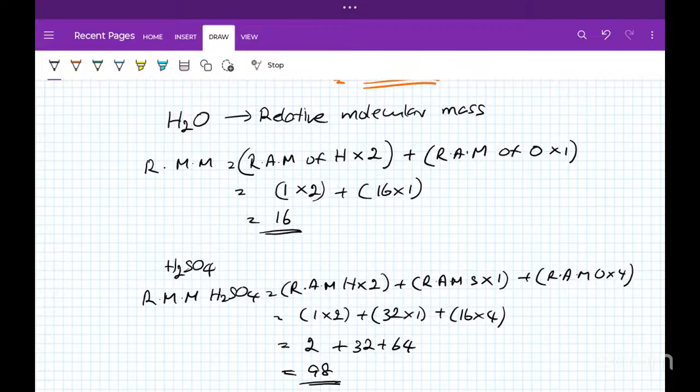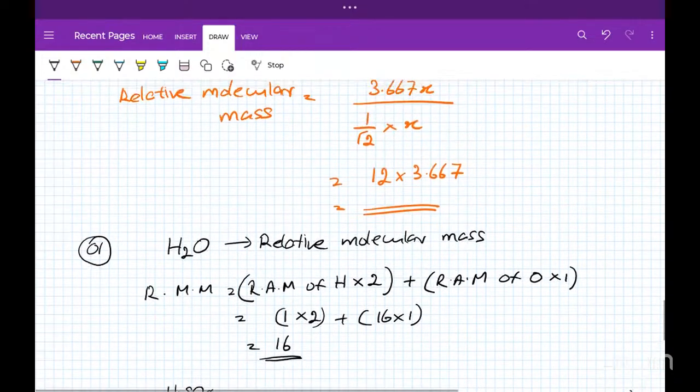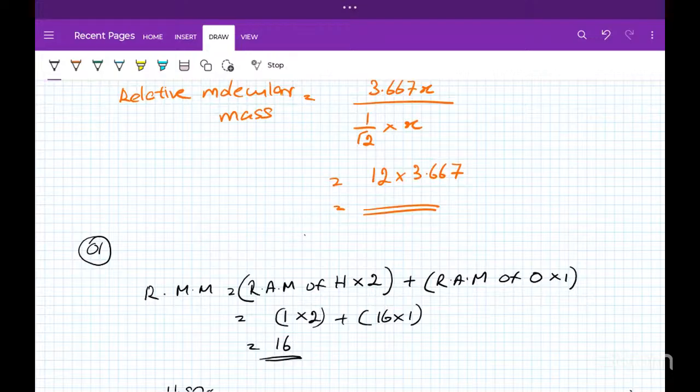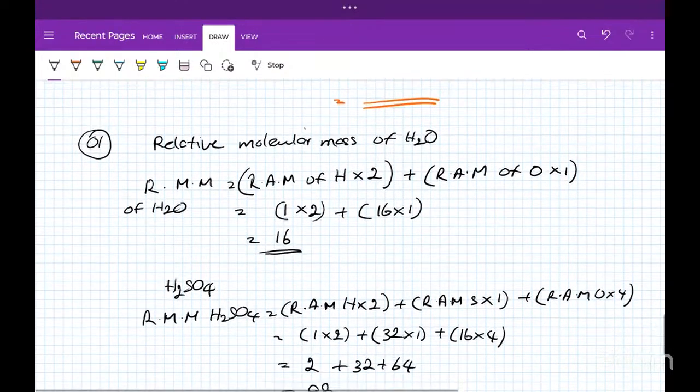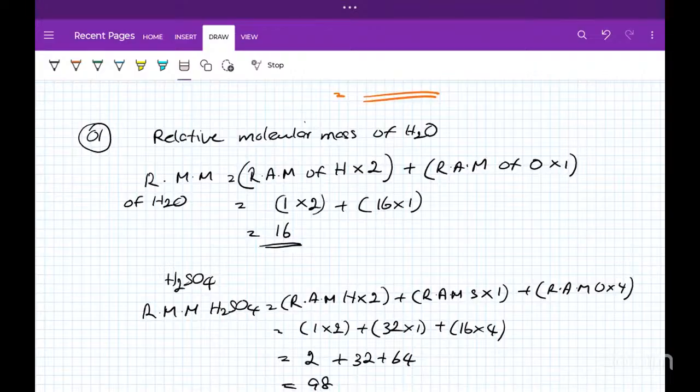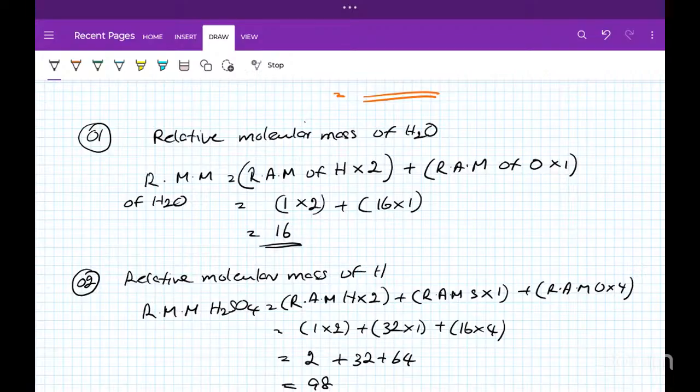Example number 1. You can write down like this: the relative molecular mass of H2O, here you can take RMM of H2O, and the second one, the relative molecular mass of H2SO4.